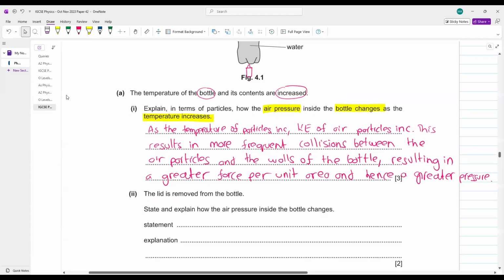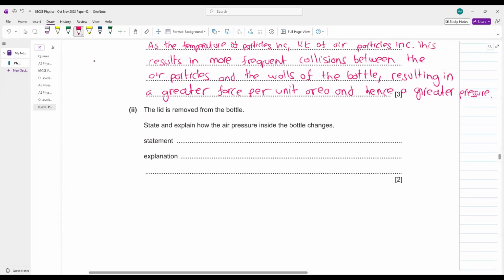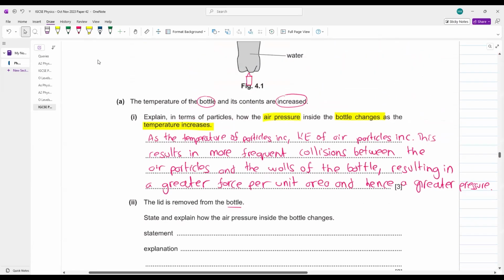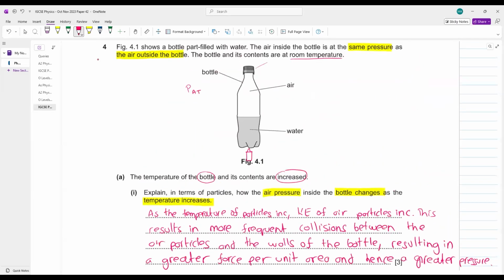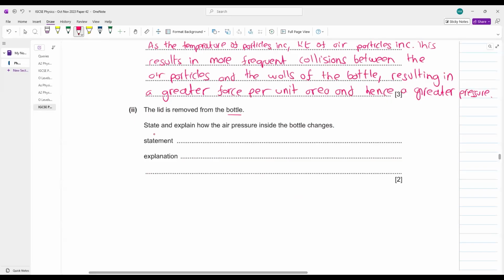Let's further move ahead. The lid is now removed from the bottle. State and explain how the air pressure inside the bottle changes. What will happen?